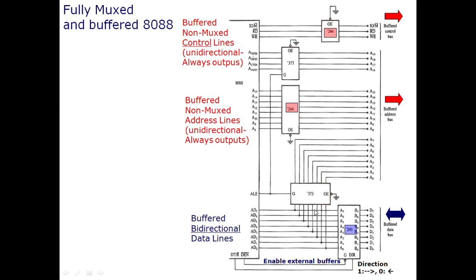So whatever is provided here, that data is sent to the data bus, and this transceiver is passing on the inputs provided here to the data bus here. So this transceiver is doing two functions. It is buffering the data bus as well as controlling the direction of the data.